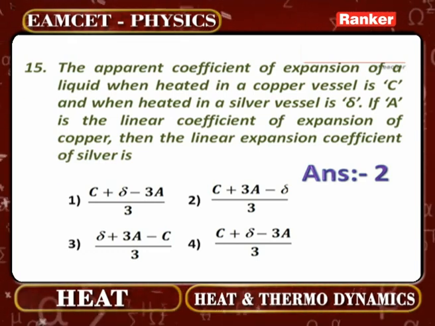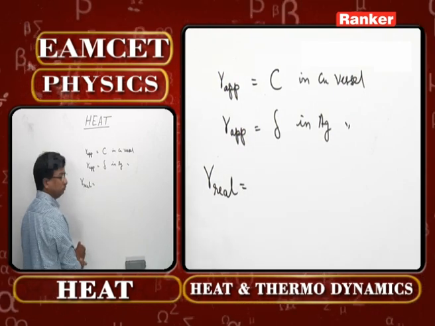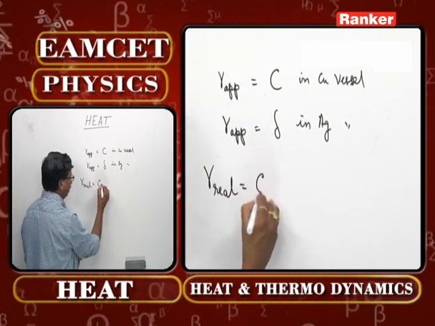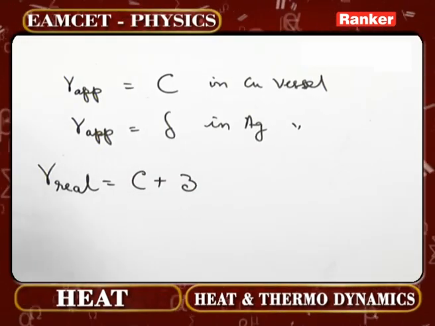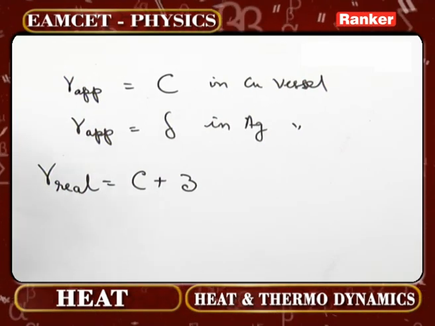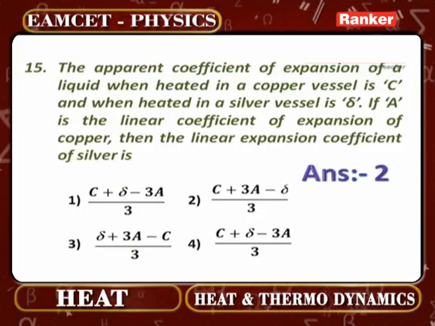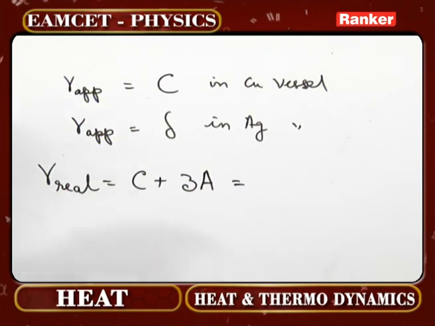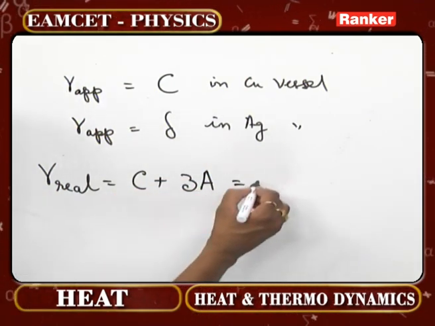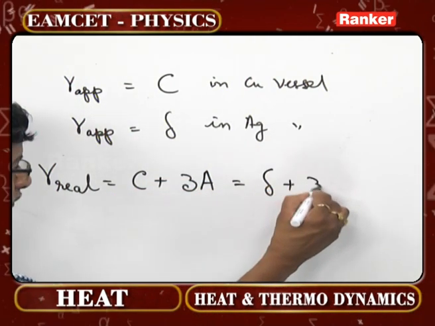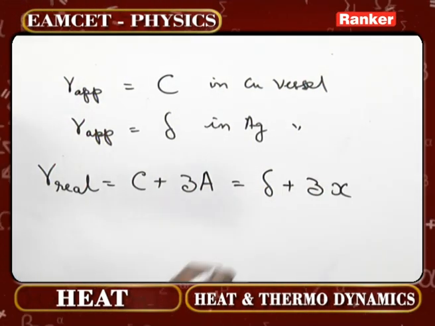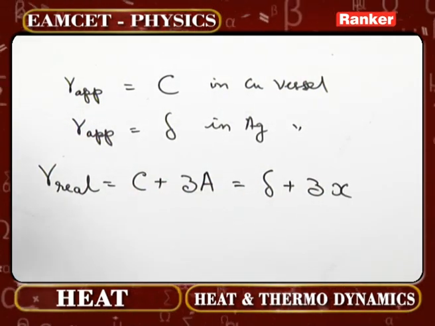Come on, write gamma real for copper first. It is gamma apparent plus 3 alpha. What is that alpha that has been given? 3A. That is in the copper vessel. What about the silver vessel now? We can take delta plus 3x. X is going to be the linear expansion coefficient of the second vessel.